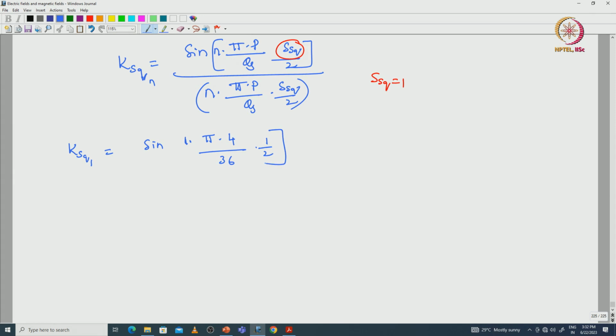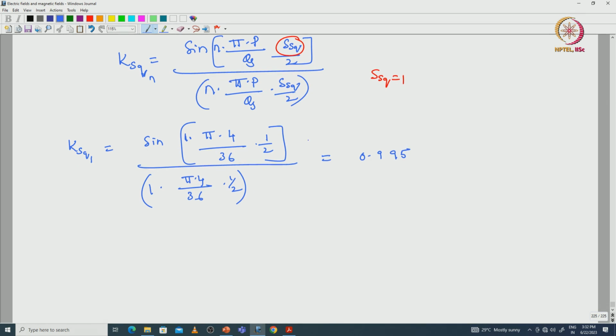divided by 2, divided by the same value n alpha by 2, that is pi into 4 divided by 36 into 1 by 2, 1 will be there. This will give 0.995 as the skewing factor.